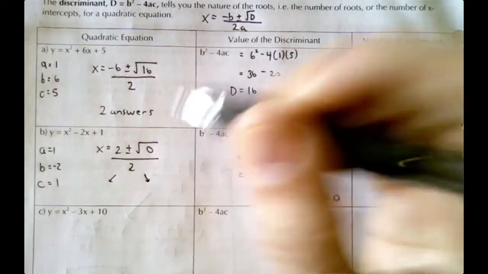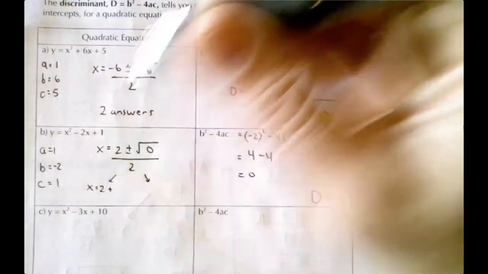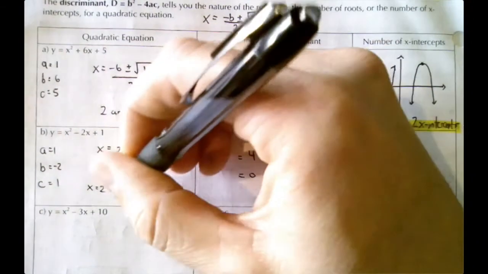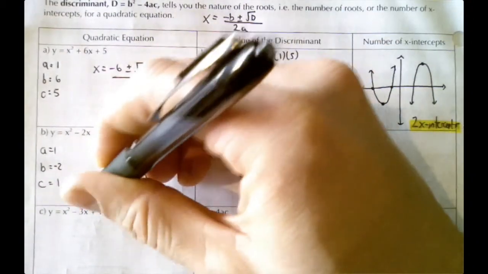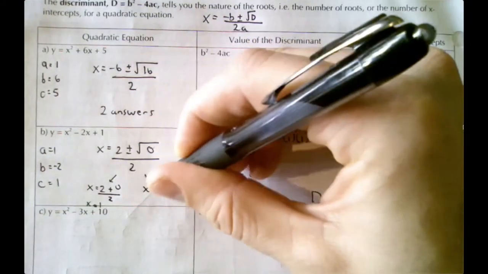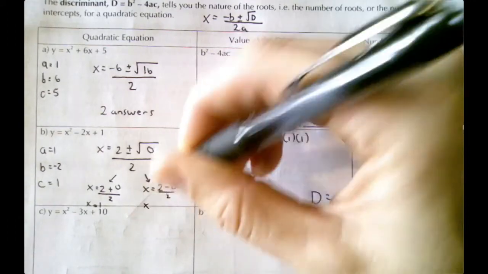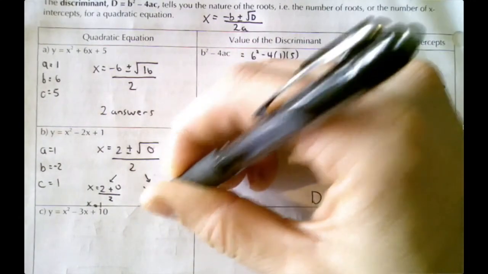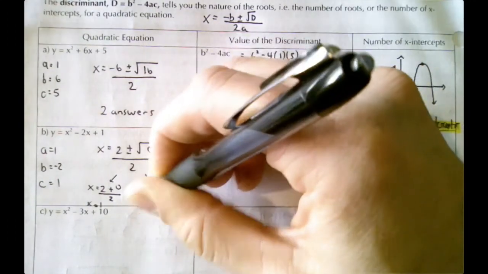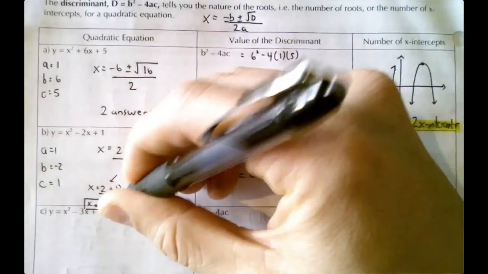If we try to see our two answers, our first one is just 2 plus the square root of 0, which is 0, over 2, we get 1. In the second scenario, we have x equals 2 minus 0 over 2. 2 minus 0 is still 2, and 2 divided by 2 is 1. We get two answers, but if you look, the numbers are the same.